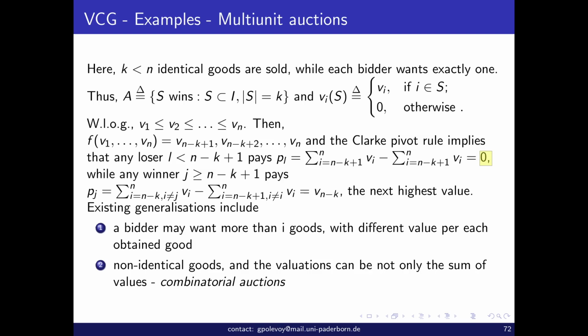And any winner, so in other words, anyone whose index is at least n minus k plus 1, because those are the winners, pays the following. What would have been the optimum value of the others if not for that winner?